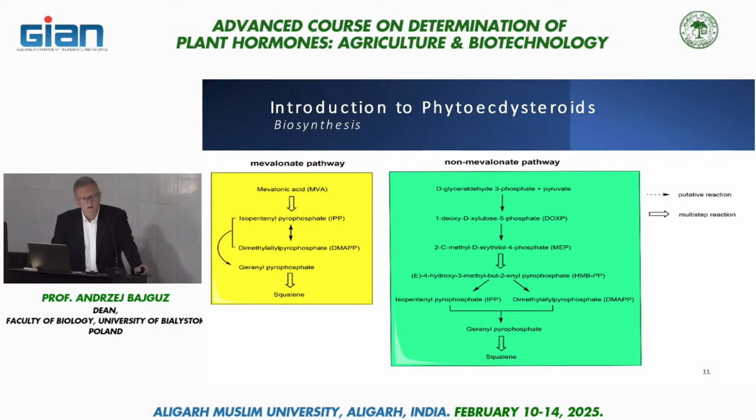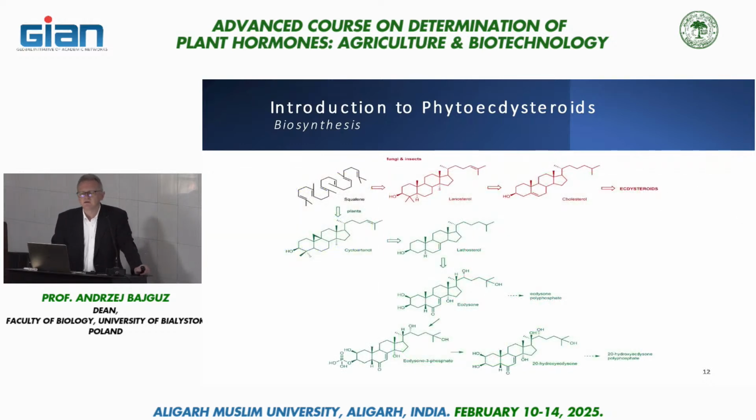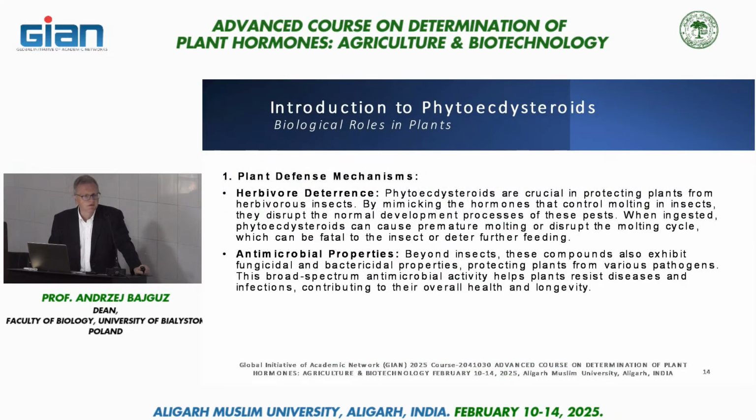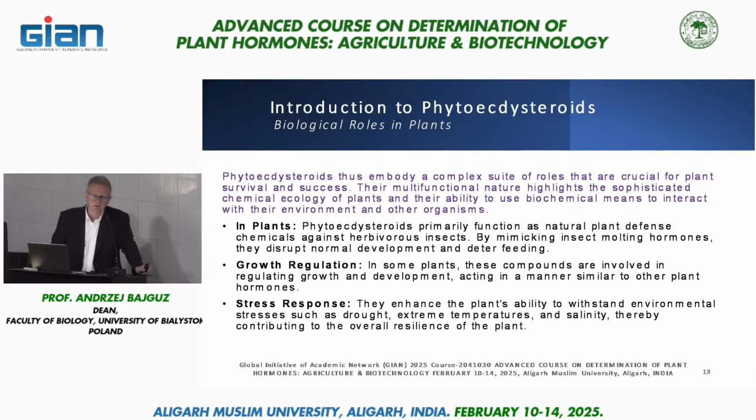The multifunctional nature of phytoecdysteroids highlights the sophisticated chemical ecology of plants and their ability to use biochemical means to interact with the environment and other organisms. One of the most significant functions of ecdysteroids is their role in plant defense against herbivorous insects.